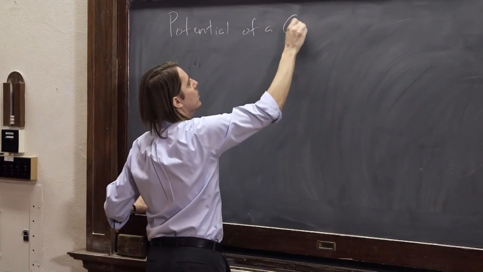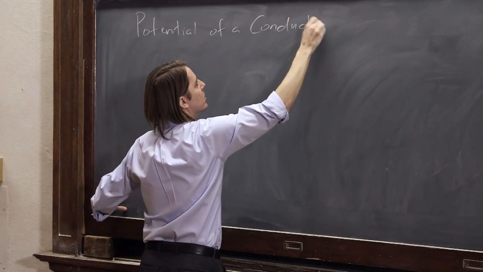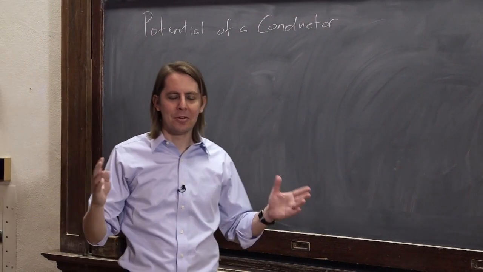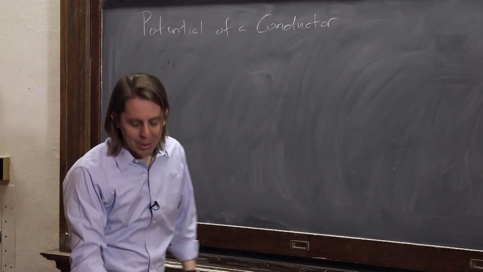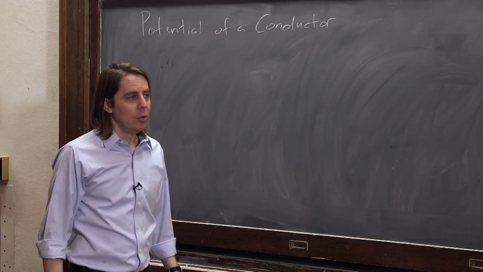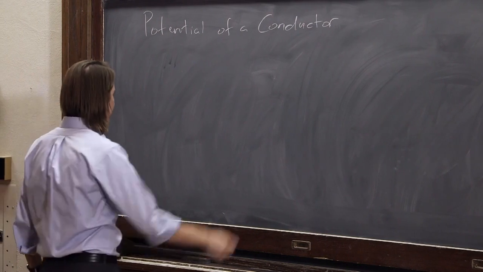So let's look at the potential of a conductor. And again, by conductor, I mean something with freely moving charge in it, metal being the most common conductor. I'll slip up and say metal a lot, but I'm trying to be general since this is physics. So we talked about the electric field around a conductor.